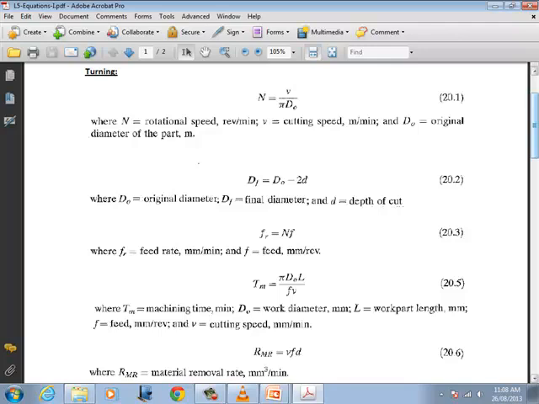In order to compute the time of machining, we need the initial diameter, length of the workpiece, F, which is feed, and V, which is the cutting speed. And material removal rate is given in the final equation. To compute it, we need V, cutting speed, F, feed, and also D, which is the depth of cut.